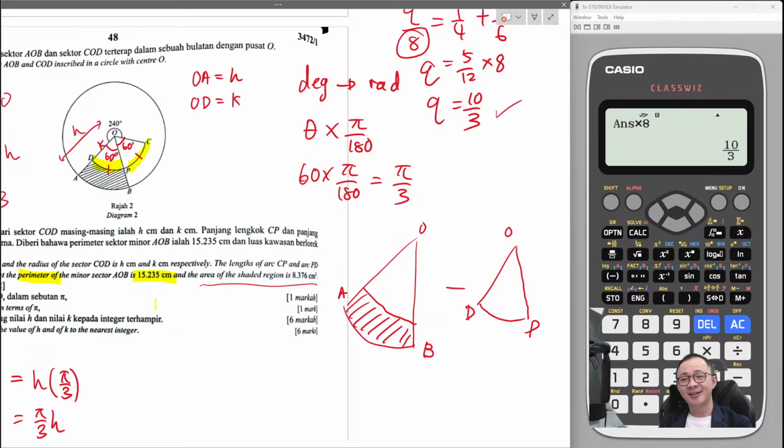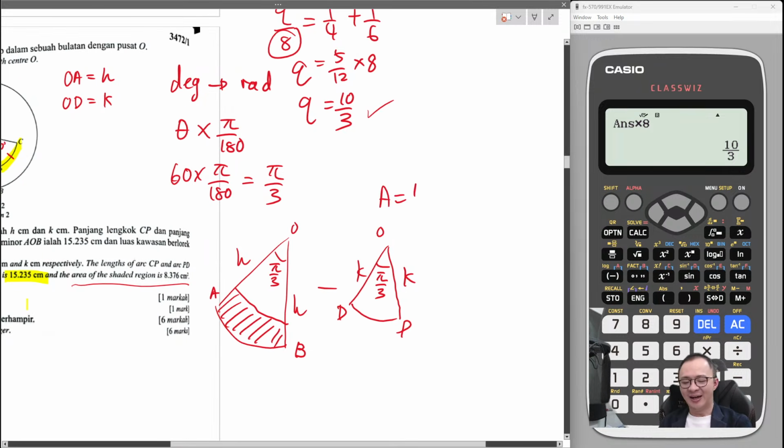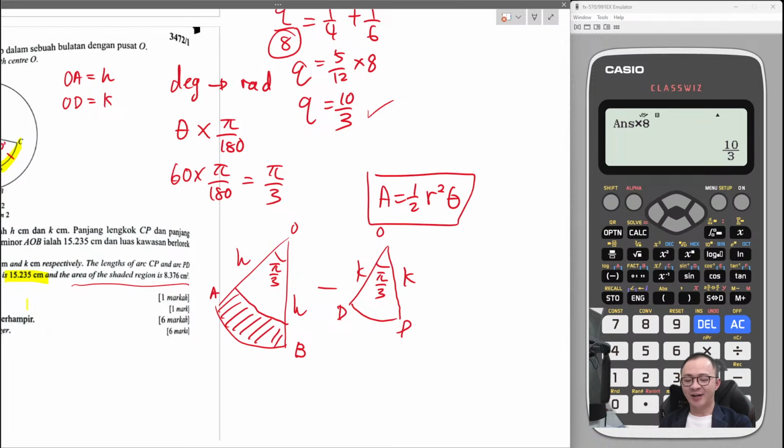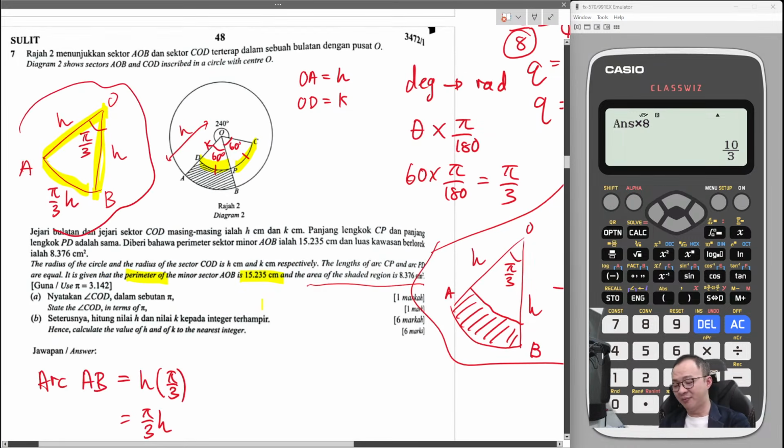Make sense? The big one is H, this is pi over 3. I already proved it. Small one is K, this is pi over 3. And what is the area of a sector? Half R square theta. Later I'm going to use it. Okay, now I literally explained some information which is super useful for you to solve later.